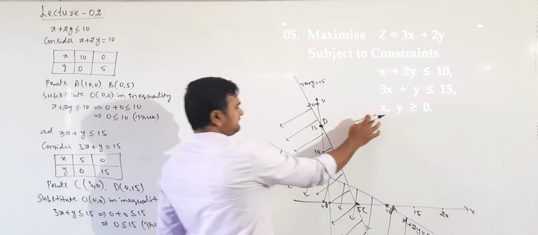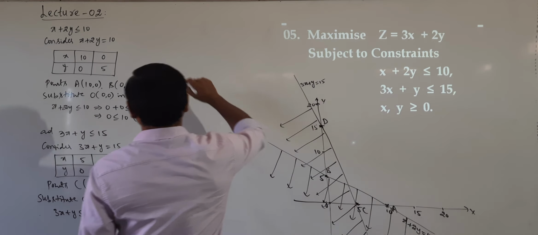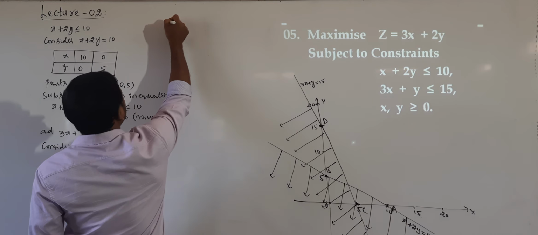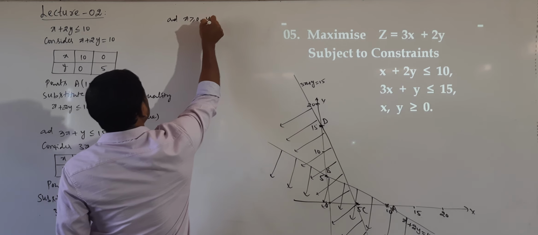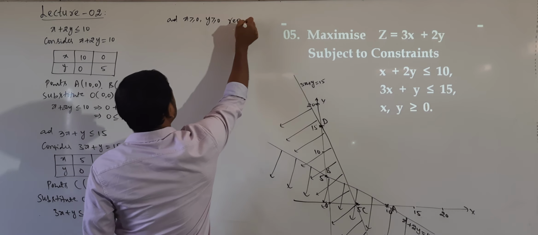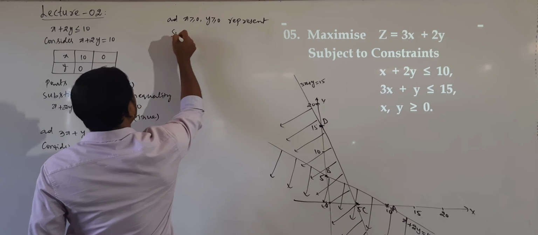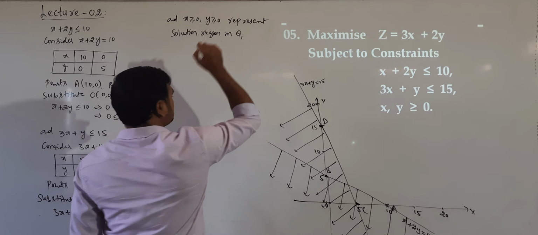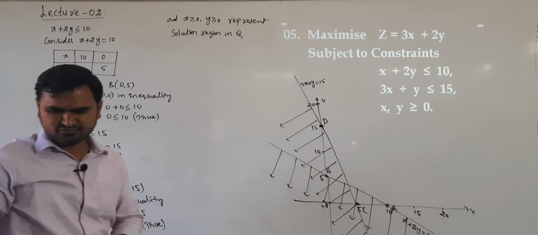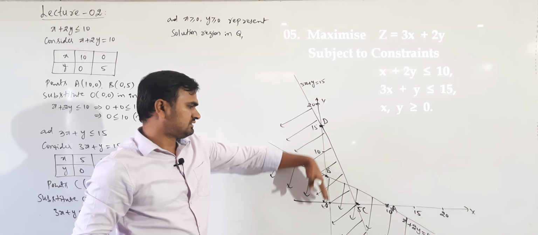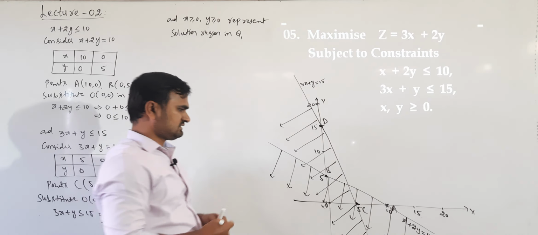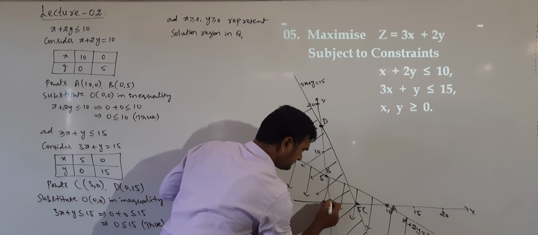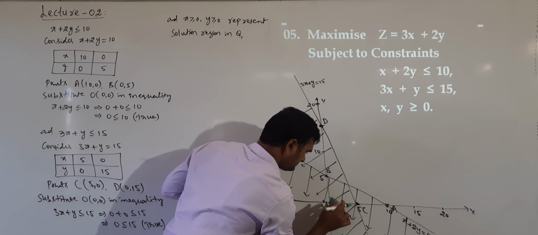Next we have x greater than or equal to 0, y greater than or equal to 0. x greater than or equal to 0, y greater than or equal to 0 represents the solution region in the first quadrant. So in the first quadrant, below the first line and below the second line, see what is the common region. I can take below both the lines and in the first quadrant. Only in the first quadrant we have to take, so this region will be required.